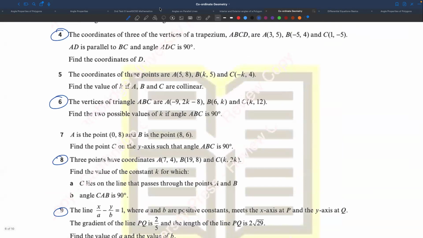Make a trapezium if you have to. 3 and 5. -5 and 4 is over here. 1 and -5.